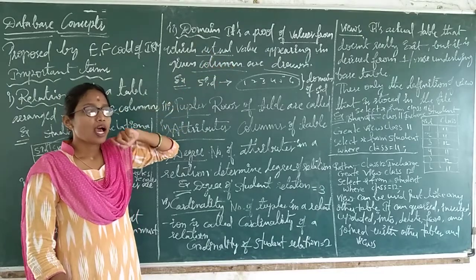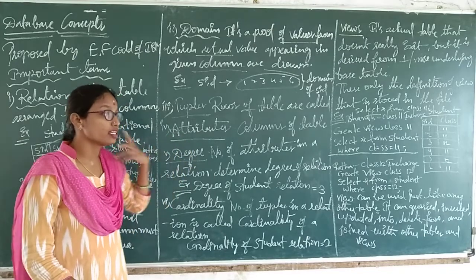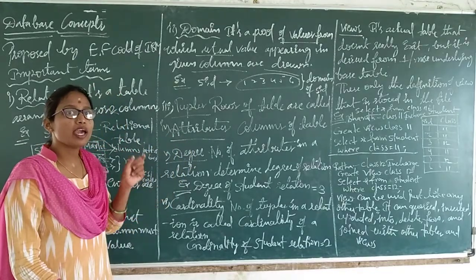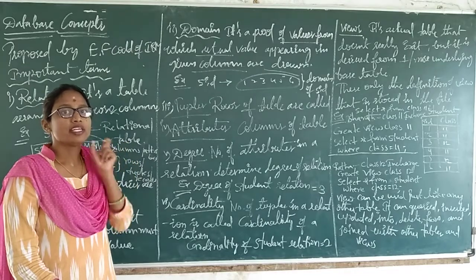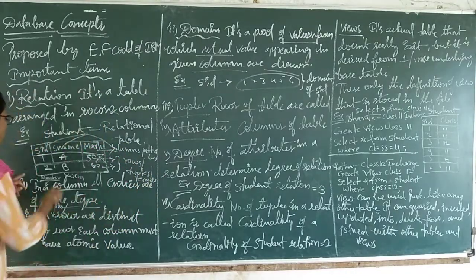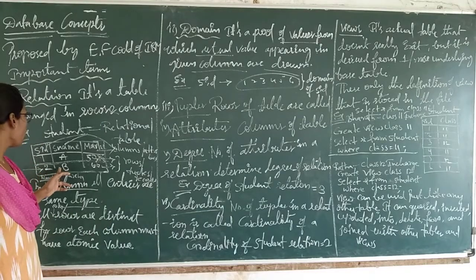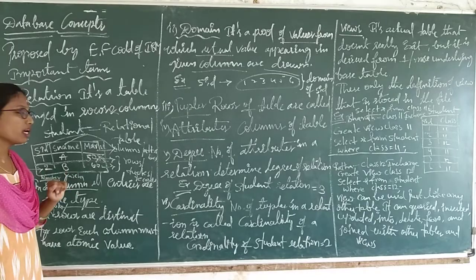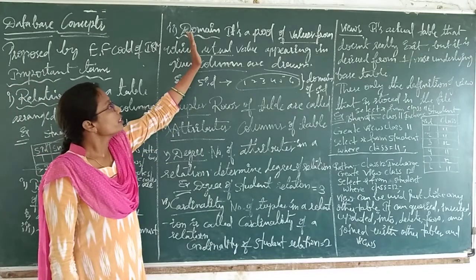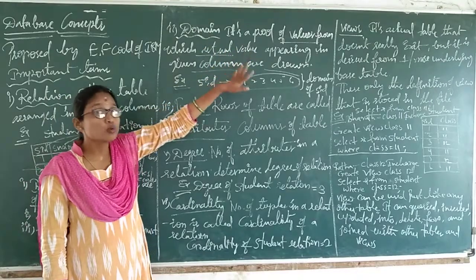For example, I ask the student relational table for 3 student details or else 2 student details. Here I am directly selecting student 2, student name B and marks 60. That is the use of the domain.